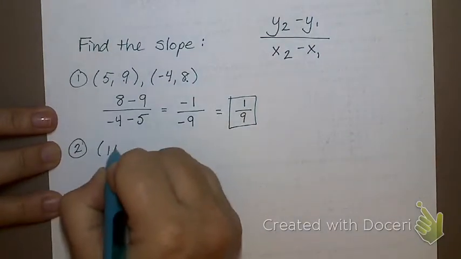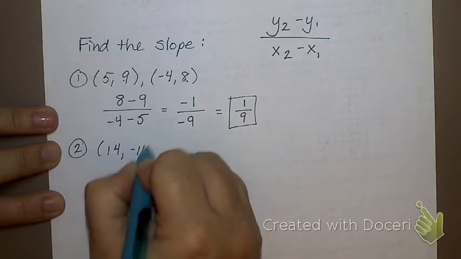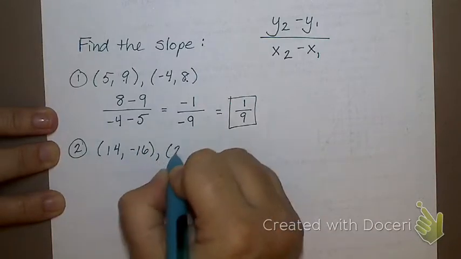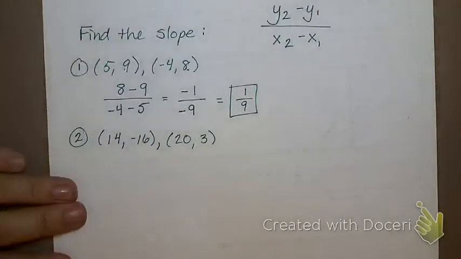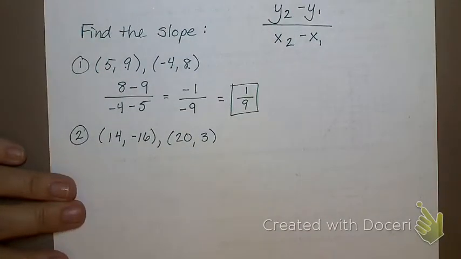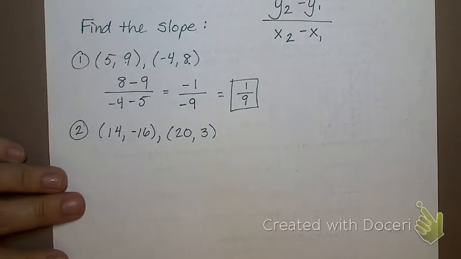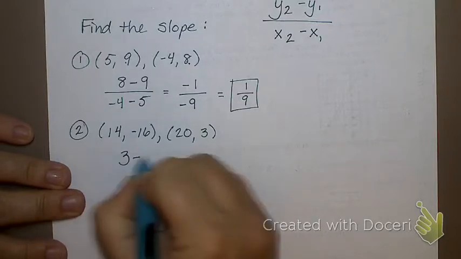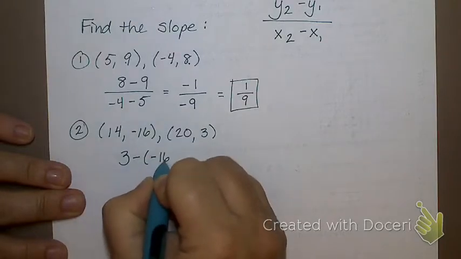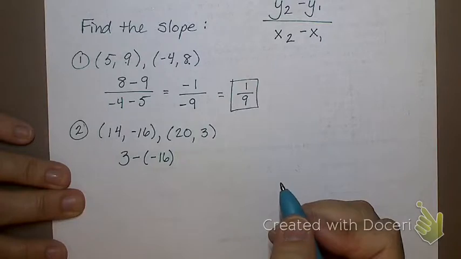Okay? 14, -16, and 23. What's the slope of the line that goes between those 2 points? Well, 3 minus -16. What am I going to have to do there?